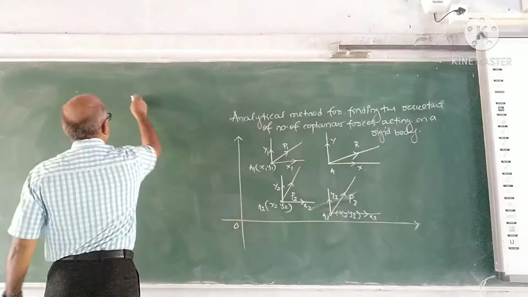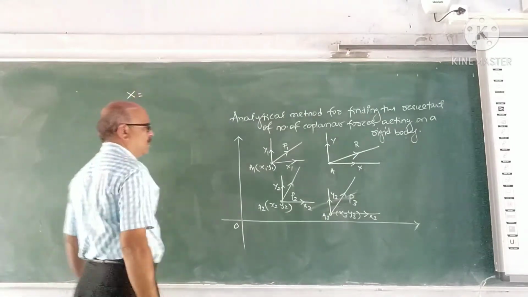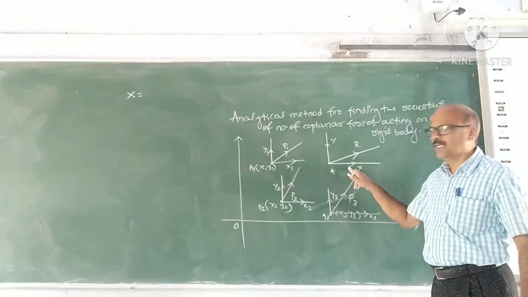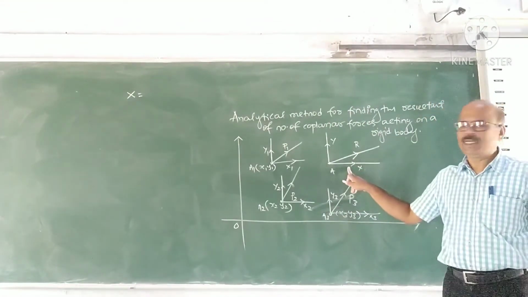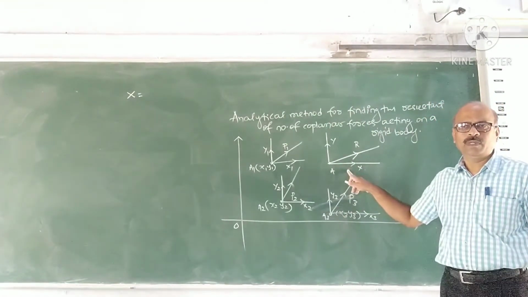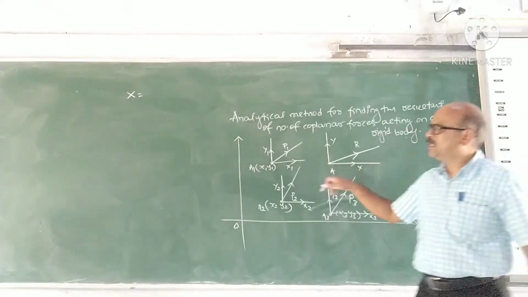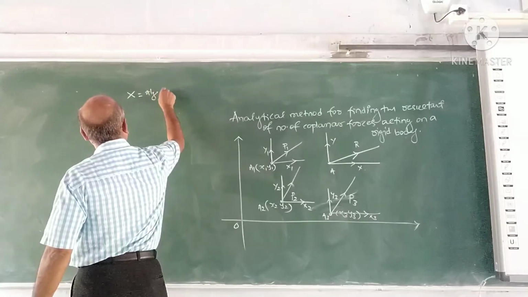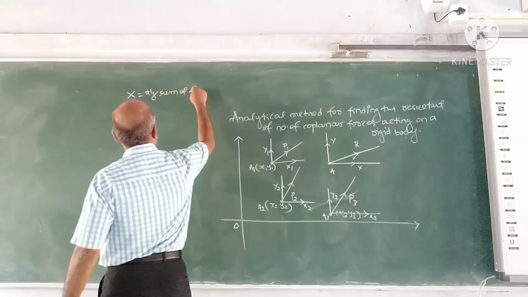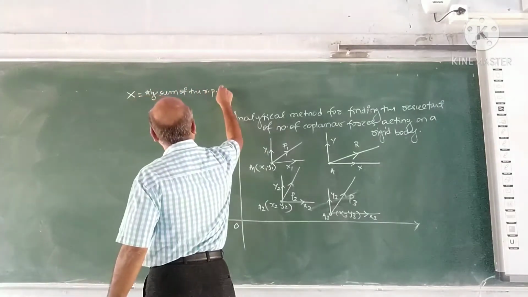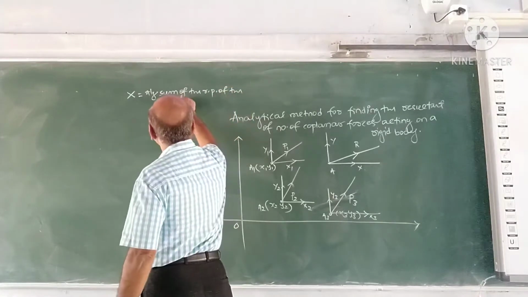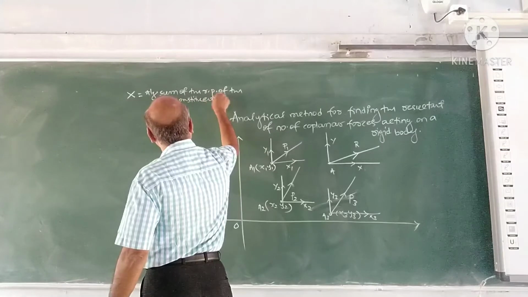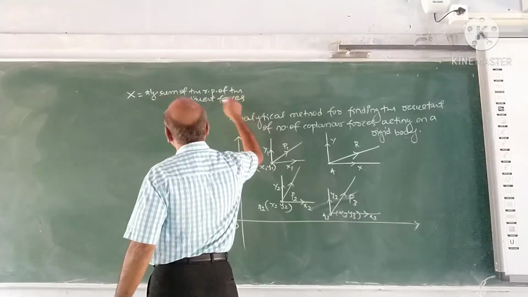Then we get capital X. What is capital X? Resolved part of the resultant, and capital X is the algebraic sum of the resolved parts of the constituent forces.